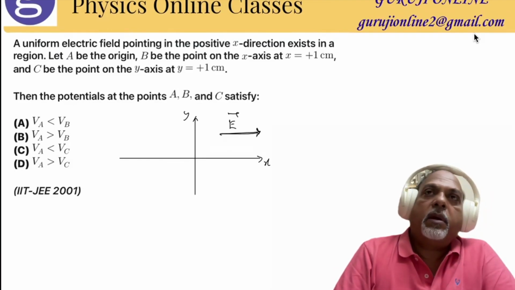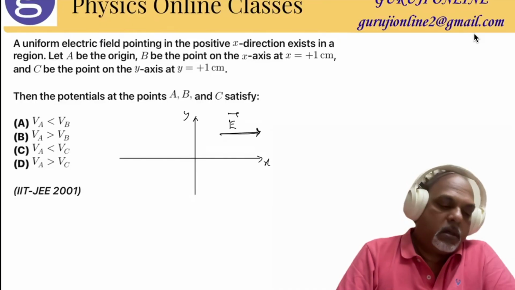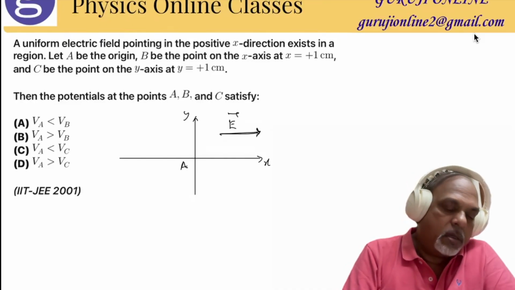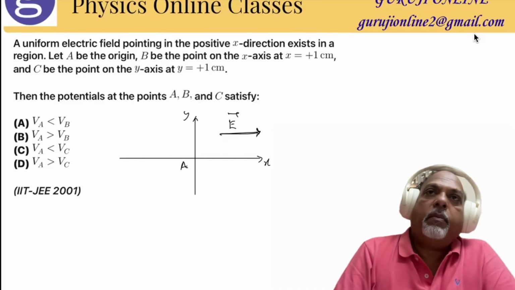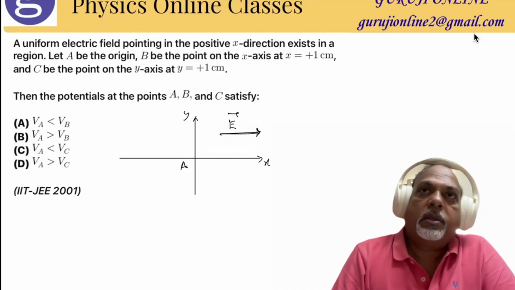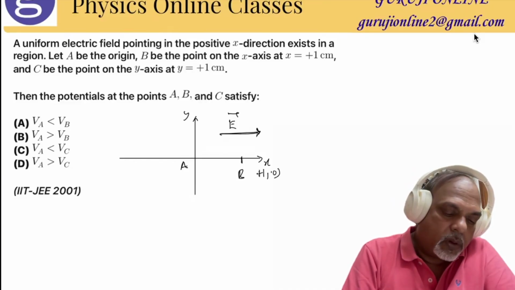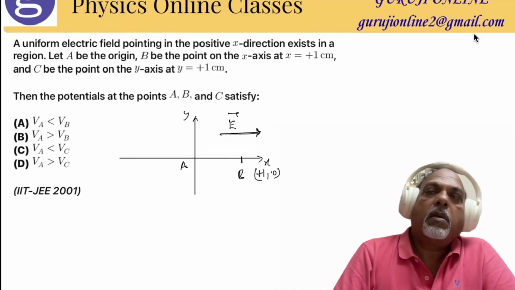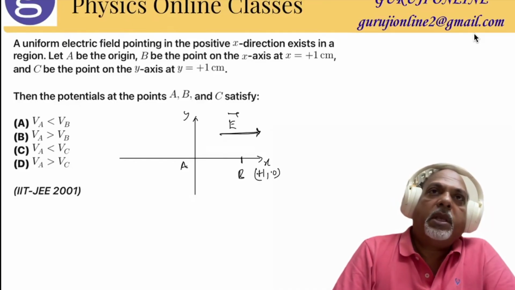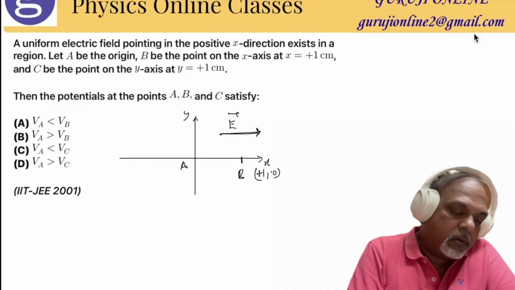Then it says, let A be the origin, and B be a point on the x-axis, and C be a point on the y-axis.